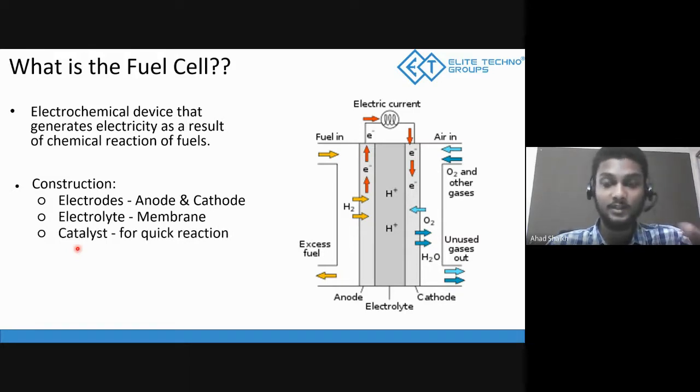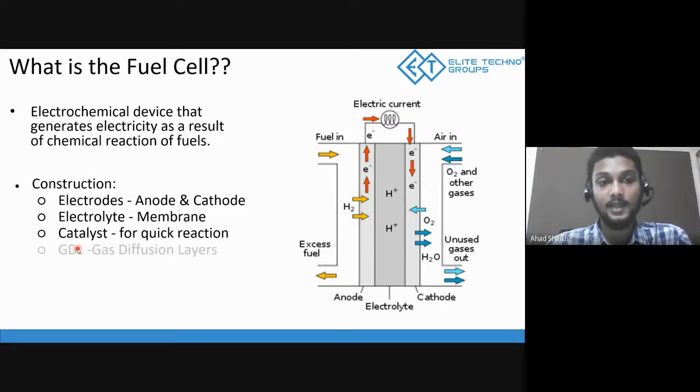So we want electricity to be generated very quickly, and the reaction shouldn't take much time to generate electricity, otherwise it won't fulfill the exact requirement. So what we do, we add in a catalyst. Majorly the catalyst most of the time is a noble metal, which is platinum.